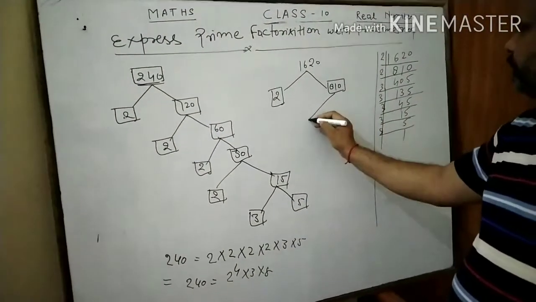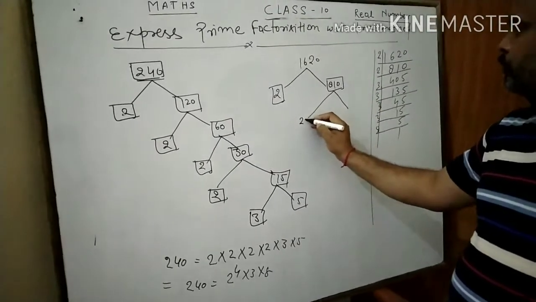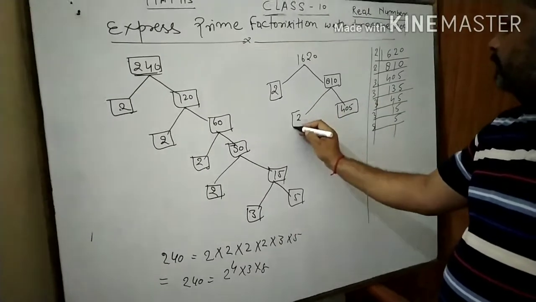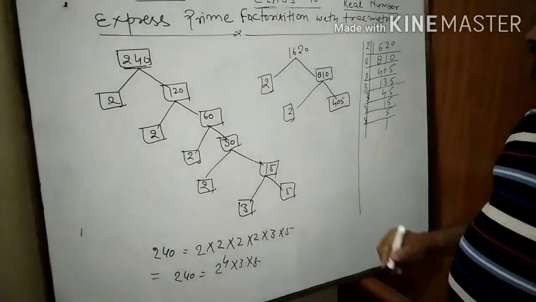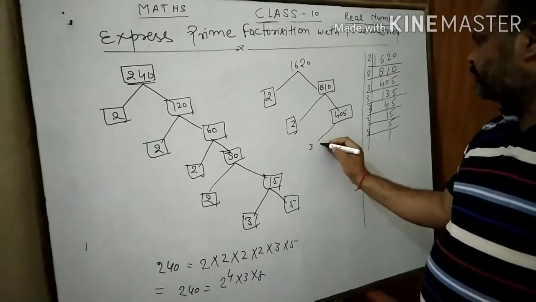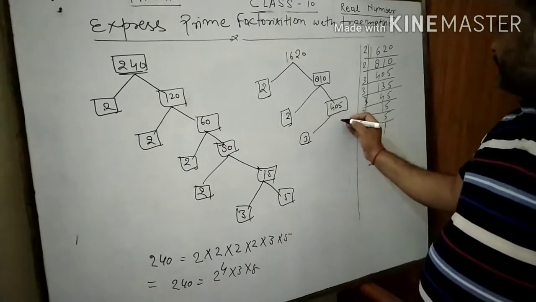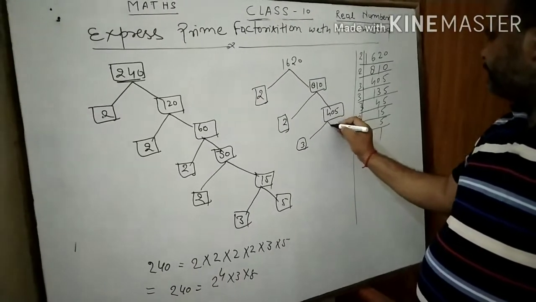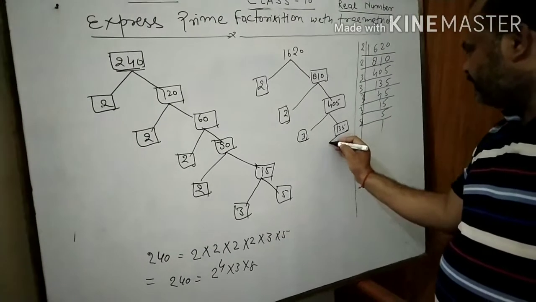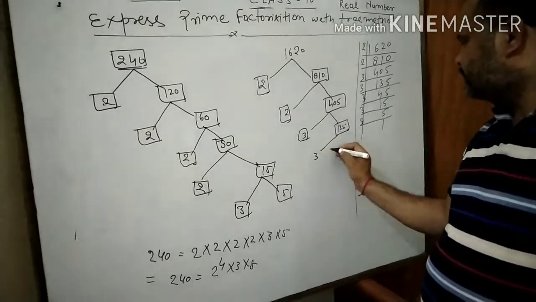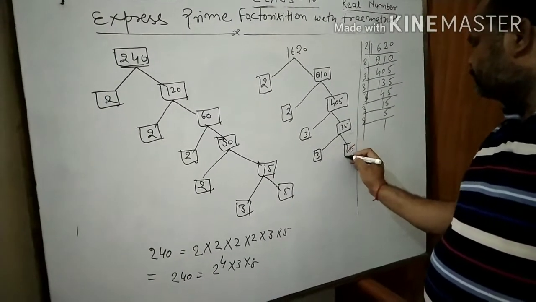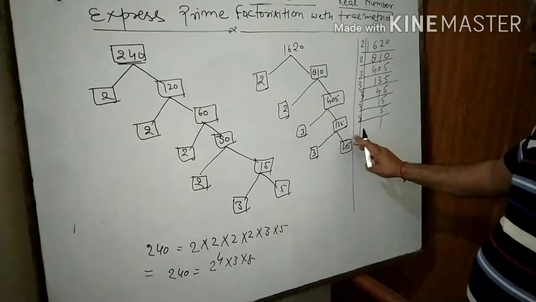In the same way, 810 is 2 into 405; 2 is prime and 405 is composite. Then 405 is 3 into 135, then 3 into 45, where 45 is composite.